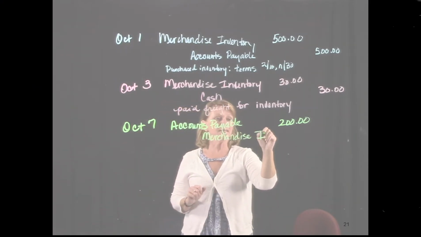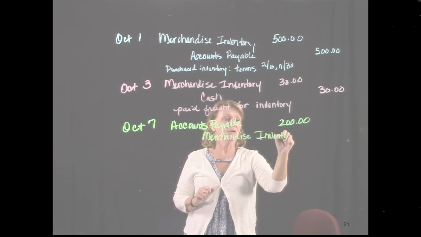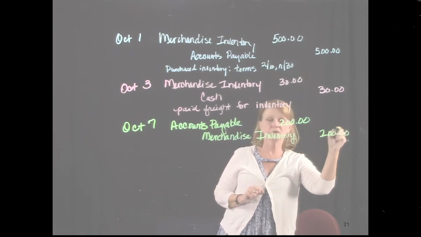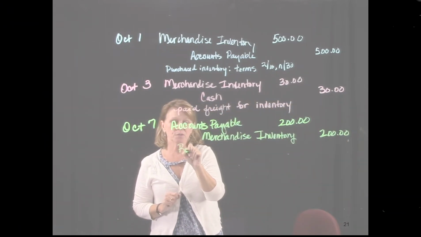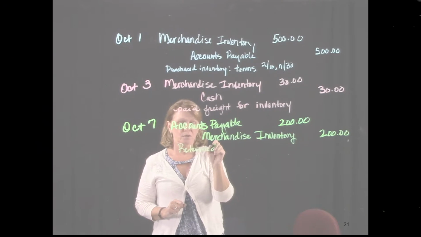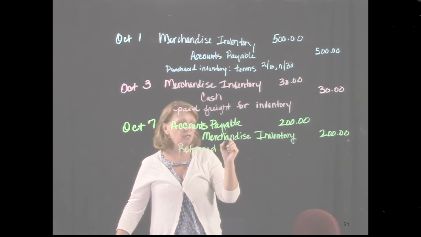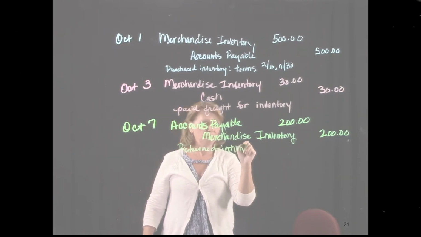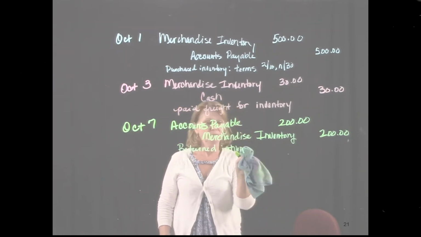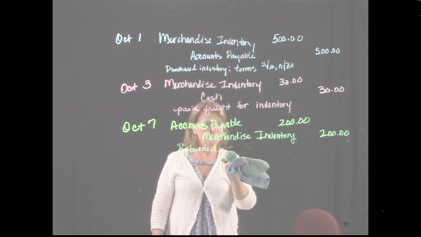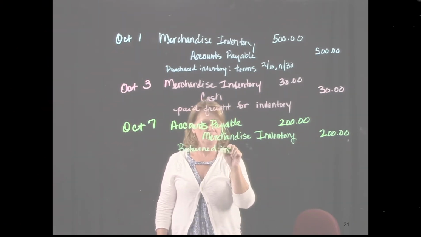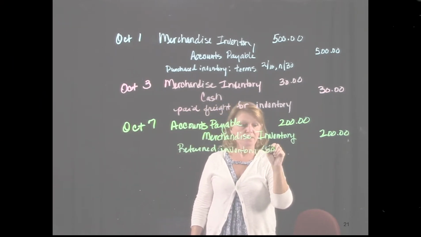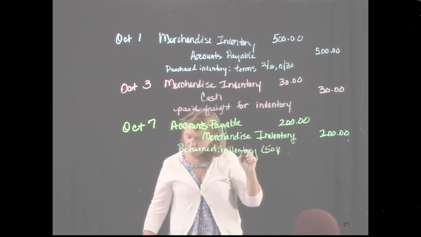Remember that merchandise is an asset account. And we're going to decrease the merchandise inventory by $200. And we returned inventory, 50 times $4 each.